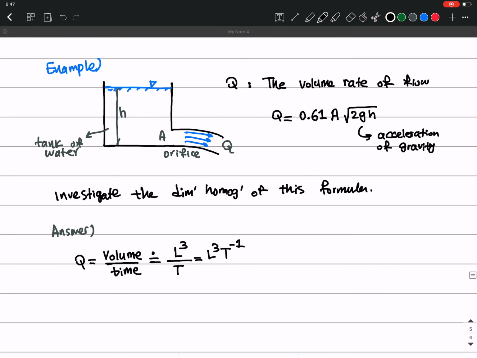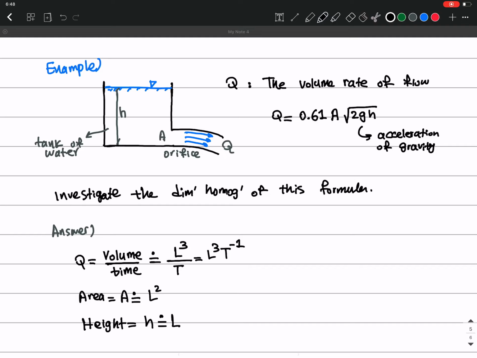Then we have area, A, which is going to be length squared, correct? And h, the height, is going to be, in dimension, length, correct?